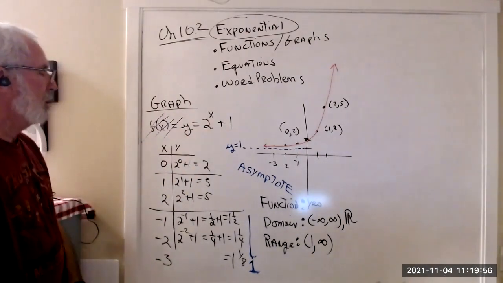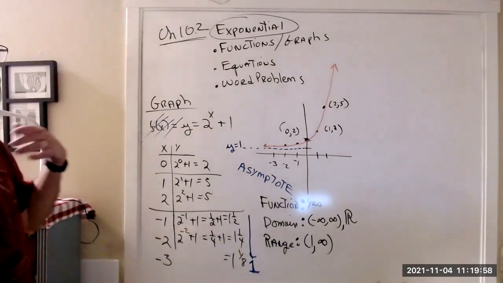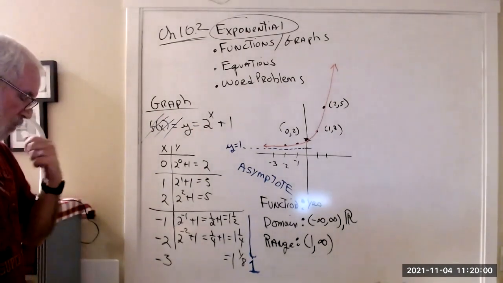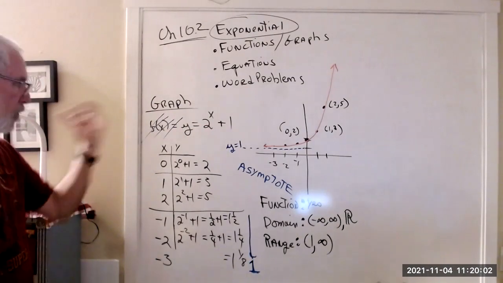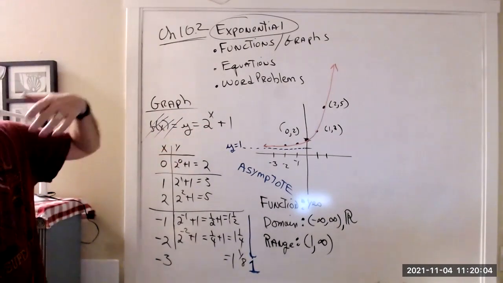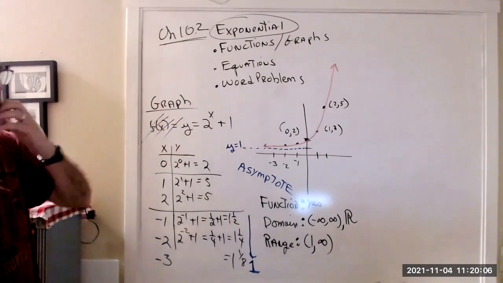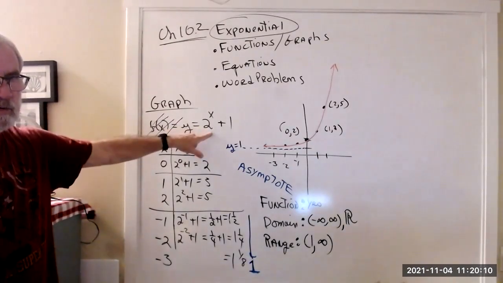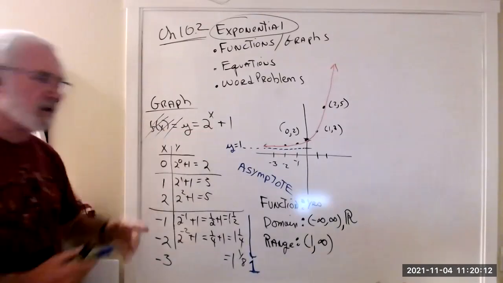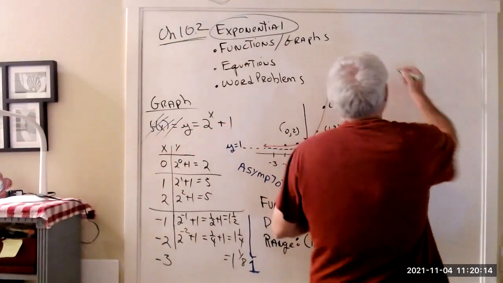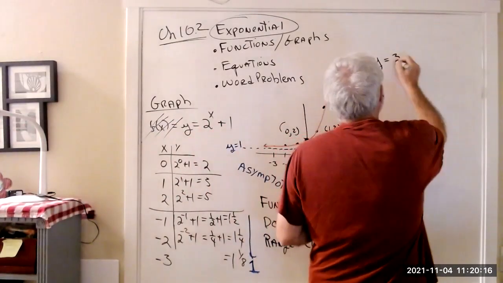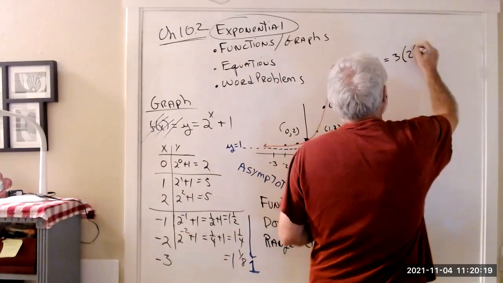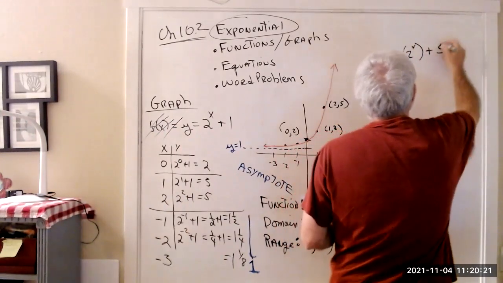Okay. The only difference between this example and other ones on mom is they make the formula more complicated. Like they do y equals 3 times 2 to the x plus 5 or something like that.